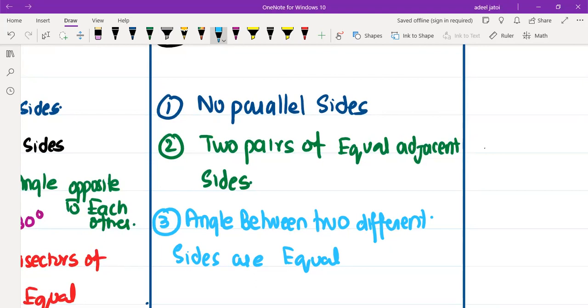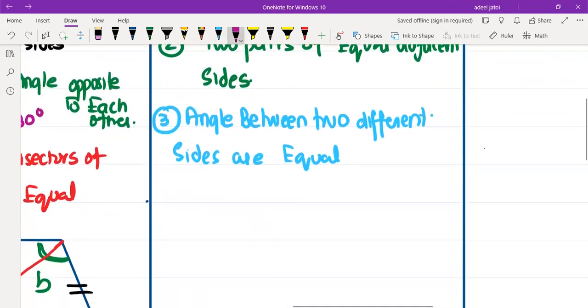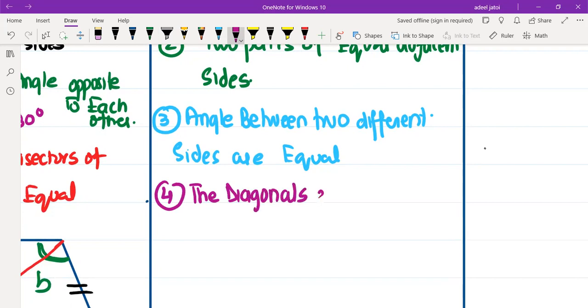Then the diagonals are different in length.